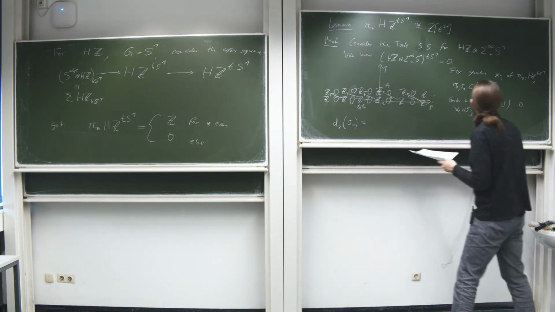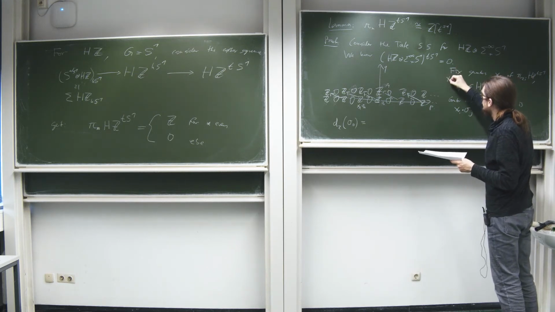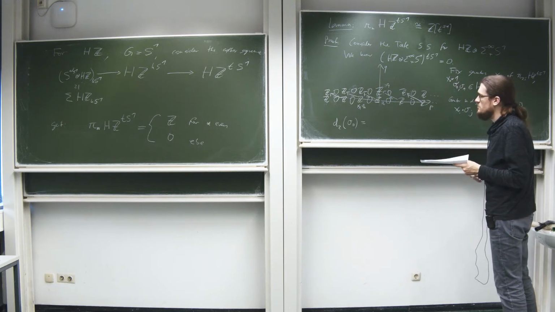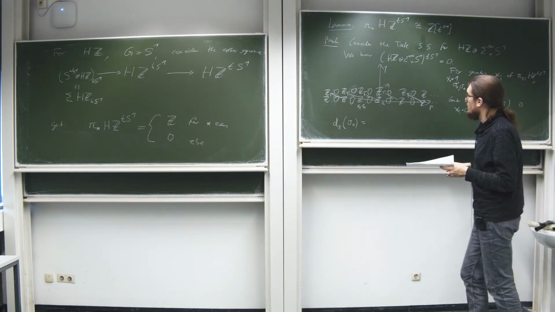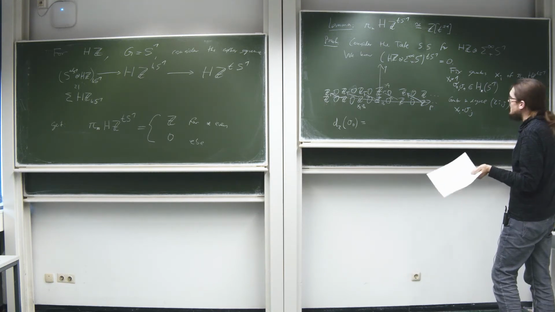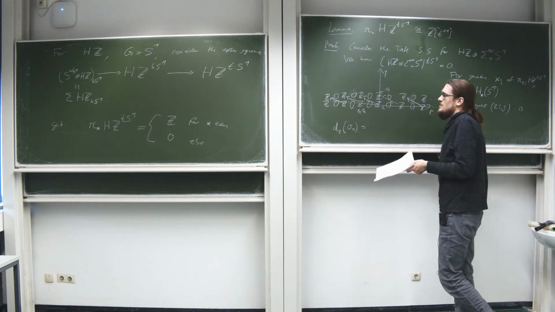I want to fix one thing, namely that x0 is 1. The homotopy of Tate S1 on HZ is a ring, so that's something I can do.